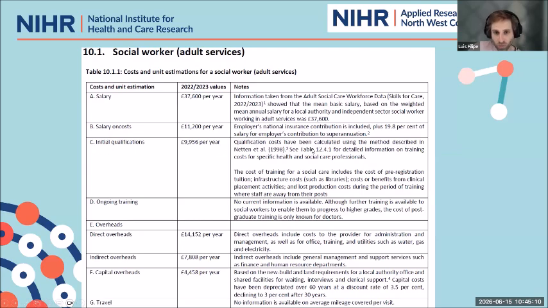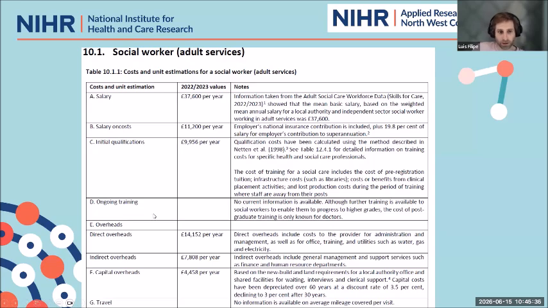So depending on whether they have had some sort of training or not, they may cost a little bit more, and that needs to be accounted for as well. Then there is an item here for ongoing training. They don't actually put any price in there, but it shows that if they believe there should be some ongoing training for these types of workers, then you should account for it as well.